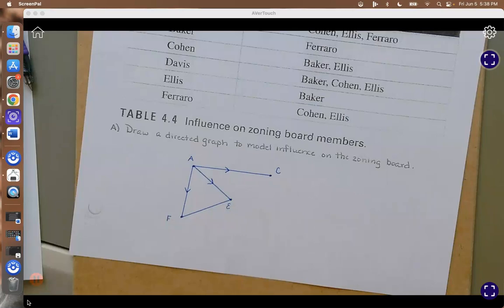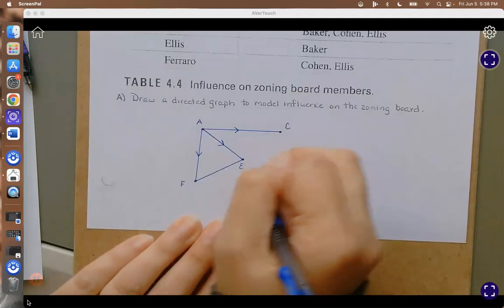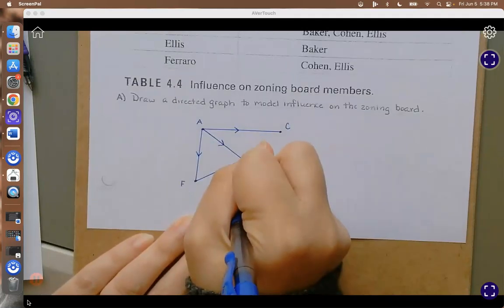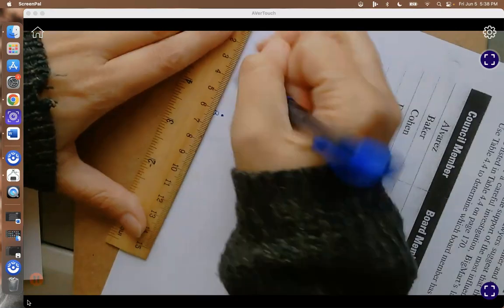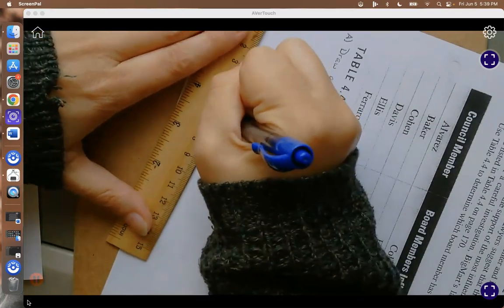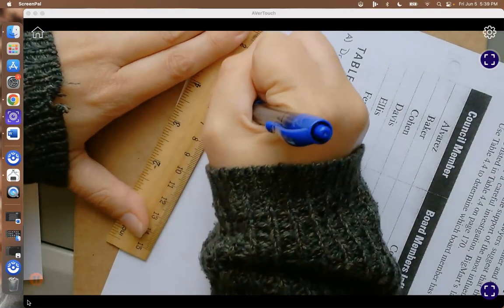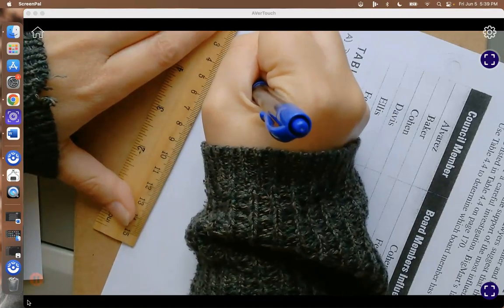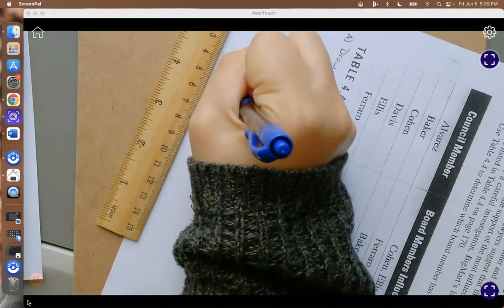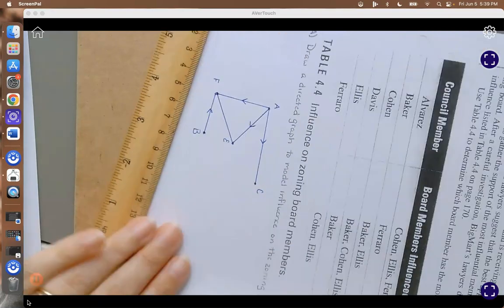Now Baker has influence over Ferraro. So I'm going to put old Baker right here. Baker has influence over Ferraro. Okay.